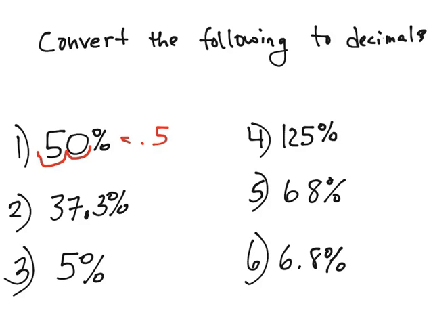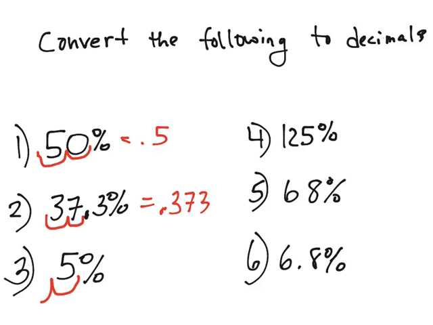Okay, number 2, same thing, we're going to divide by 100, so now this becomes 373 thousandths. That first number is a 3. Sorry about that. Okay, so 5%, and again, this is one where students often make a mistake because there's no 0 in front of that 5, so they'll often incorrectly say that 5% is 5/10, but it's not.